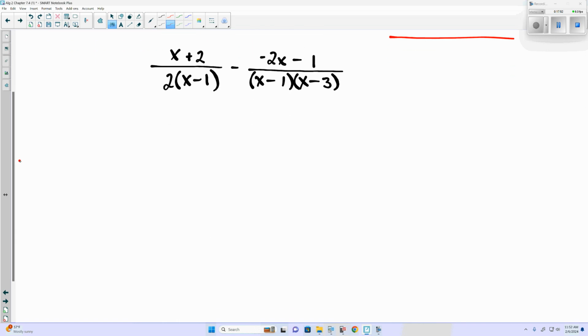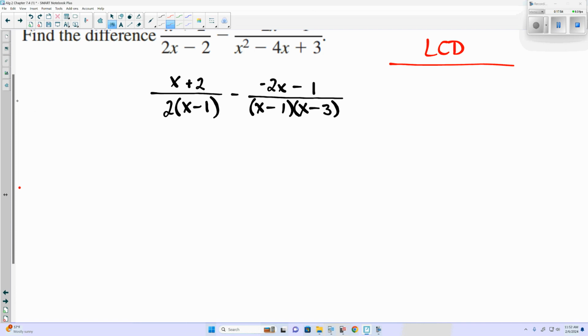And at this point, to find what's going to make them the same, let's look at any terms that are outside parentheses first. The one on the left has a 2, yes? The one on the right, there's not one, right?